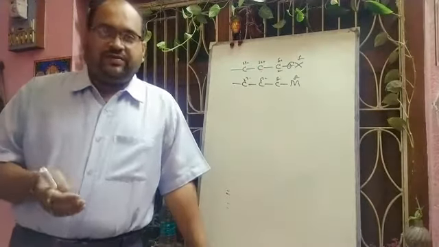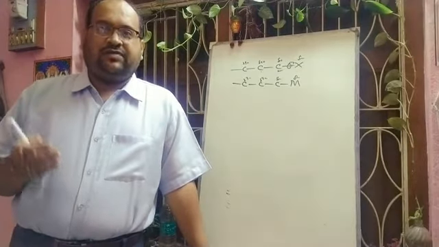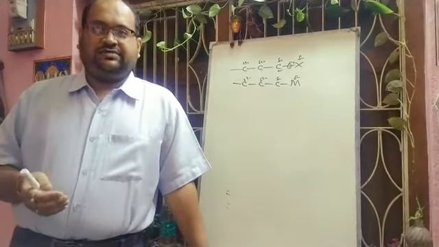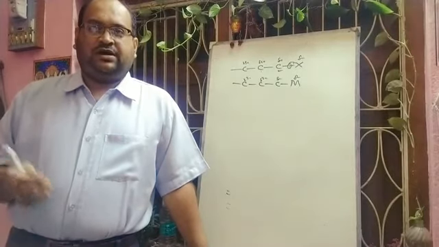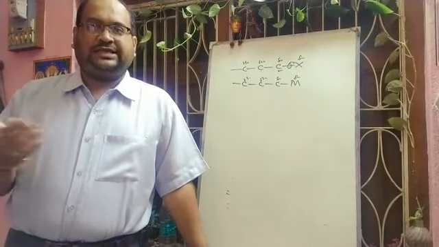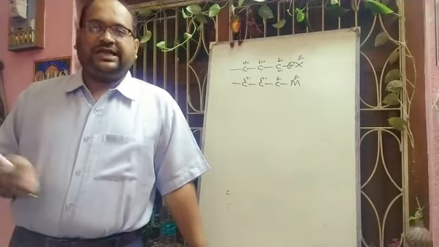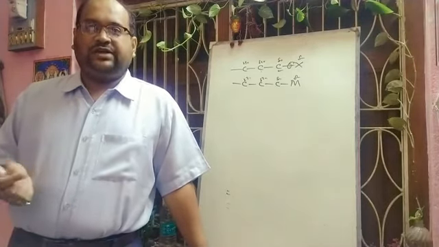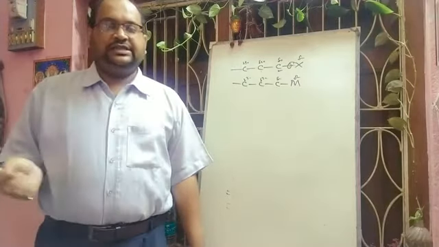So if a group is more electronegative than hydrogen, then the group withdraws electrons from the carbon chain towards itself, and it is said to have minus I effect. But in case of plus I effect, if a group attached to the carbon is less electronegative than hydrogen, it donates electrons to the carbon chain and it is said to have plus I effect.